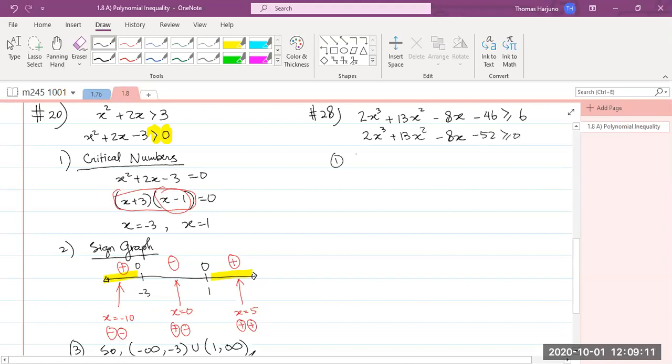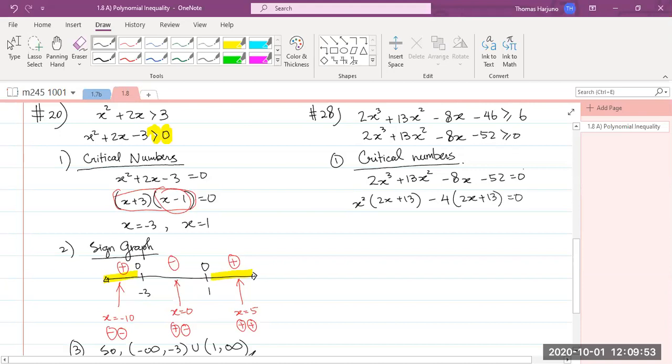And then you find the critical numbers by setting it equal to 0. Because there are 4 terms here, let me do the factorization by grouping. x squared times (2x plus 13) minus 4 times (2x plus 13) equals 0.